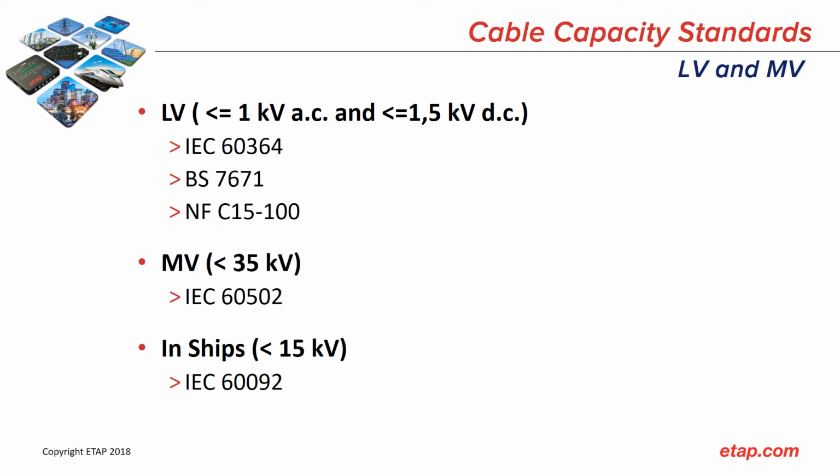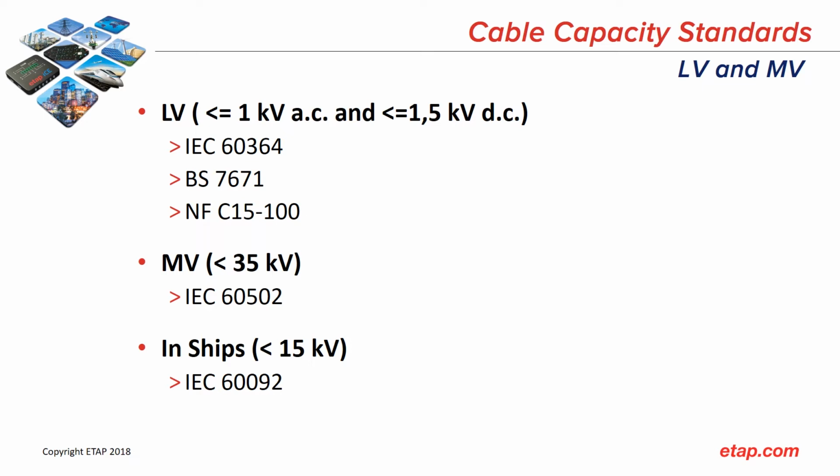Cable capacity standards. IEC 60364, British Standard 7671, and NFC 15100 are all applicable to low voltage installations. That is, installations with voltage levels less than or equal to 1 kV alternating current and less than or equal to 1.5 kV direct current.